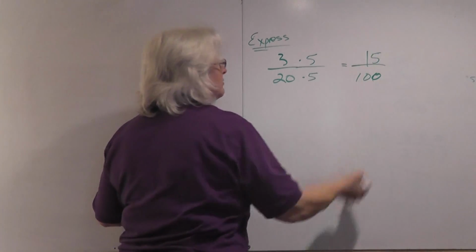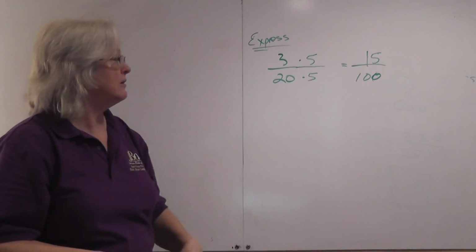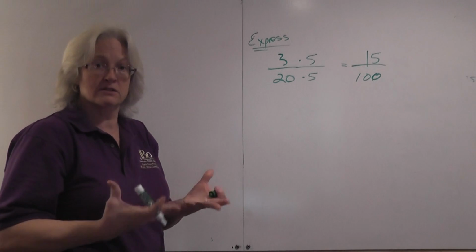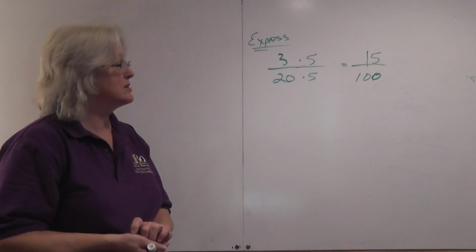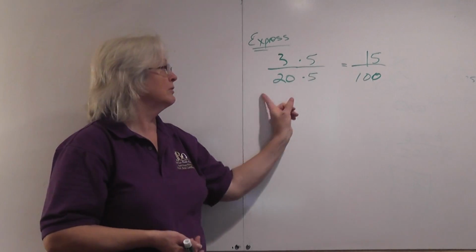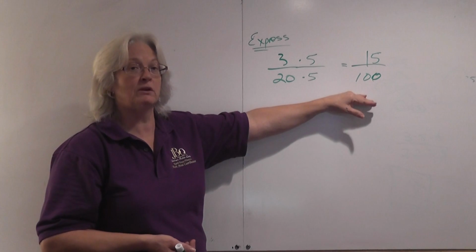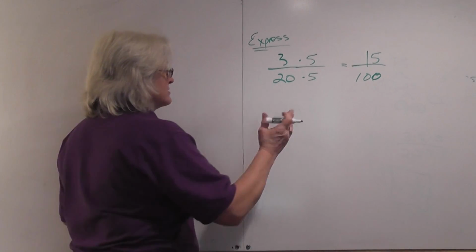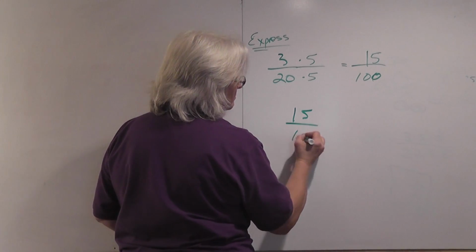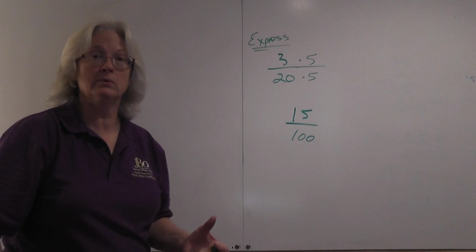Now you have 3 times 5 is 15, 20 times 5 is 100. So the first thing that you have done is exactly what they said to do in the instructions. They said by renaming 3 over 20 as an equivalent fraction with a denominator of 100. So you've done this. You now have 15 over 100. Are you finished with the problem?